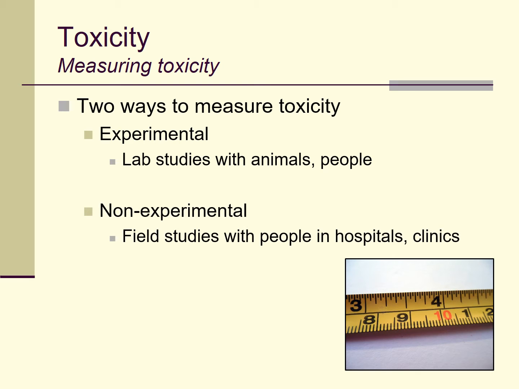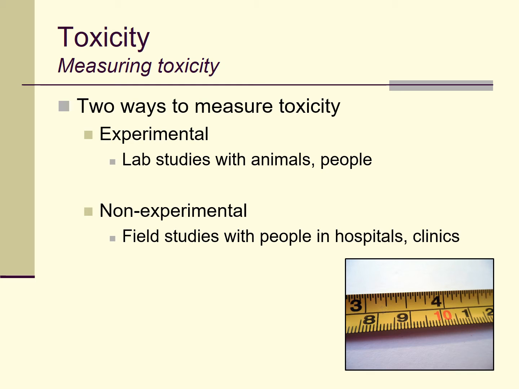Now, another way to think about toxicity, or to try to measure it, is to go out into the real world, go out into the field, as we sometimes say, and conduct non-experimental studies where we look at the correlation between use of a particular drug and problems that occur for people who use that drug out in their day-to-day lives.